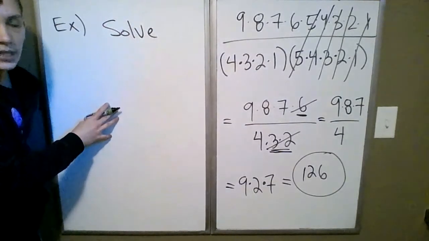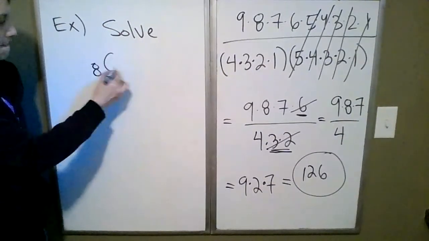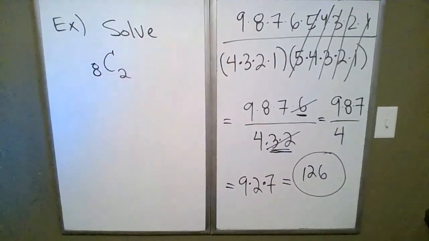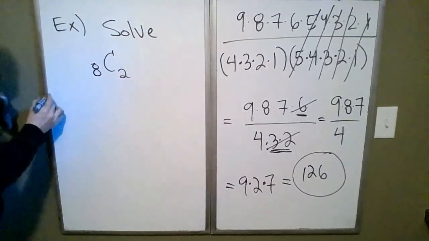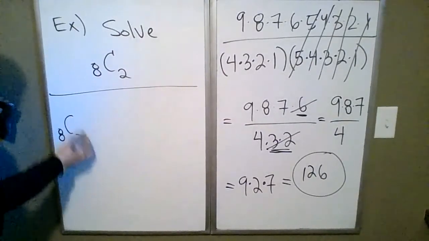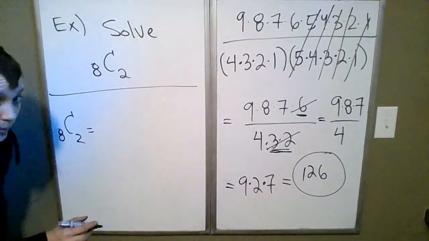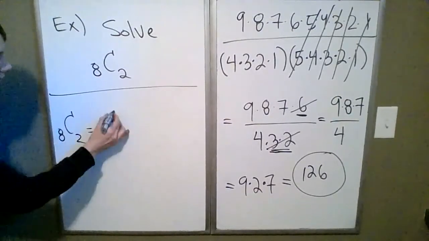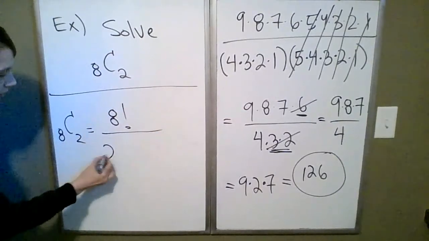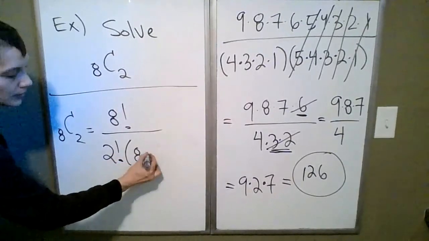We are looking at 8 choose 2. Start with the formula. 8 factorial over 2 factorial times 8 minus 2 factorial.